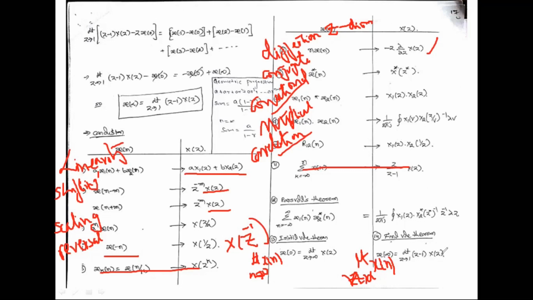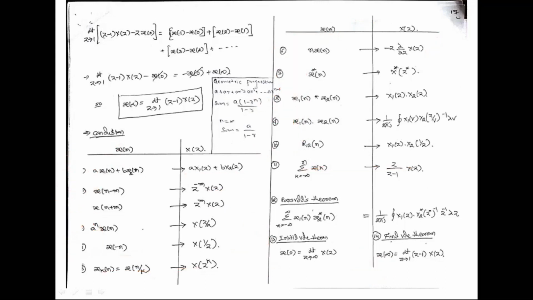Because it is not continuous, we are applying it for the discrete. So discrete means from 0 to infinity, or you can take minus 1 to minus infinity. Got it? It's a brief description of the conclusion of all the properties here.